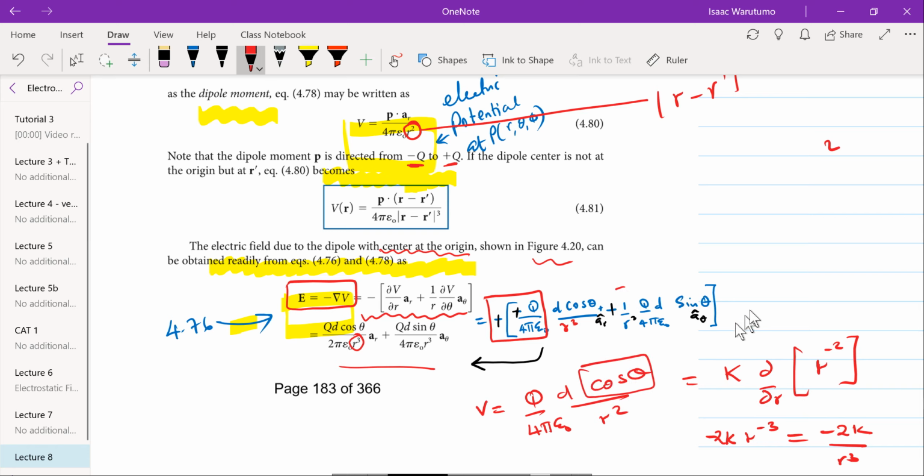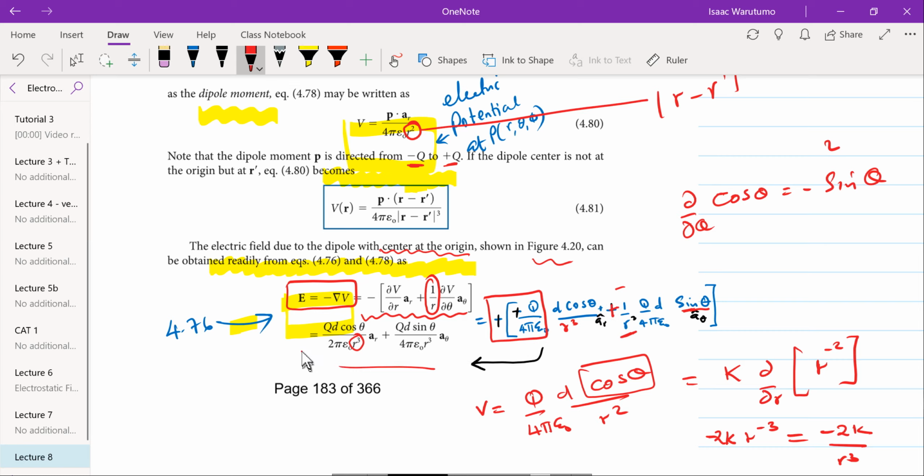And you do the same thing for this other term that you are differentiating with respect to theta. We know when you differentiate cos theta with respect to theta, it gives you negative sine of theta. And if you also remember that when you are finding the gradient, we normally introduce 1 over r, and therefore this gives us r cubed at the bottom, and this becomes sine theta. Again, we had a negative earlier, and they cancel out, and we end up with that.